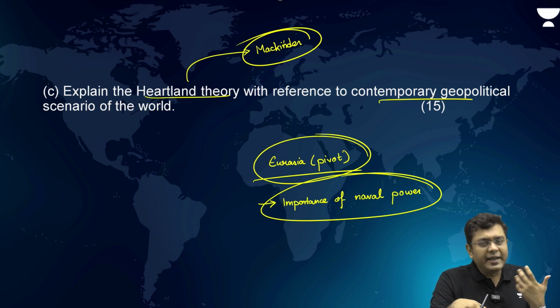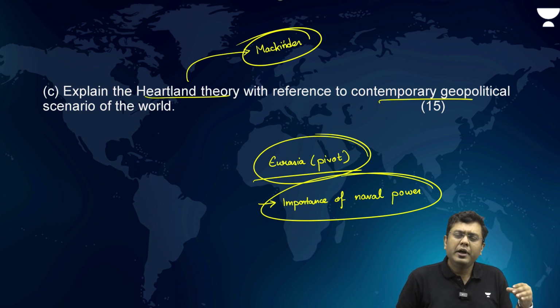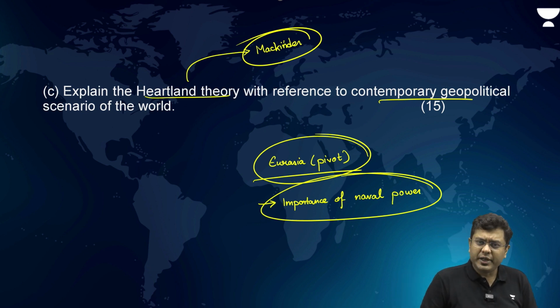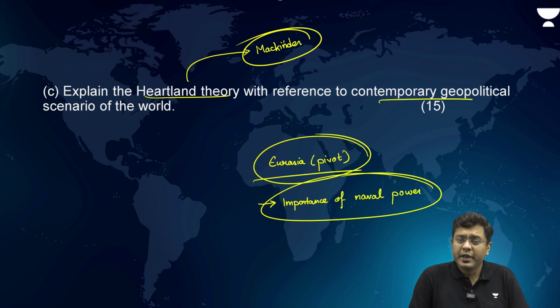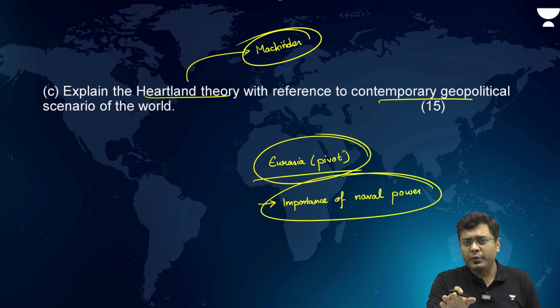So, there the naval power and the exertion or projection of naval power from the Black Sea fleet into even the region of West Asia was made possible. So, these are some of the factors in the contemporary geopolitical scenario. It is about the control of Eurasia. Had it been a 20-marker question, then you could have provided criticism associated with it as well.